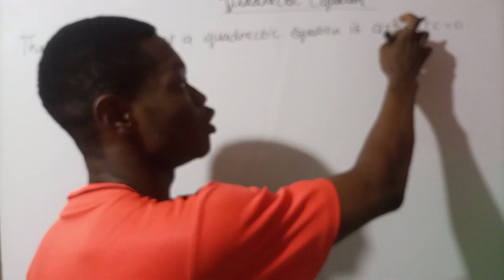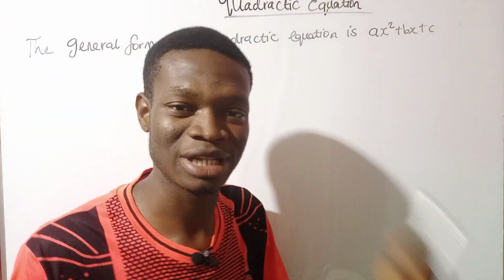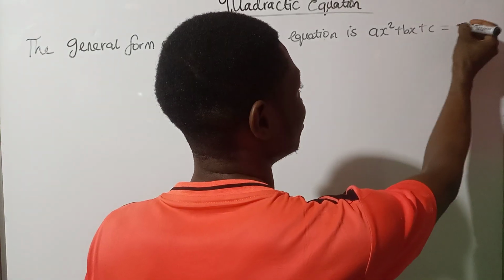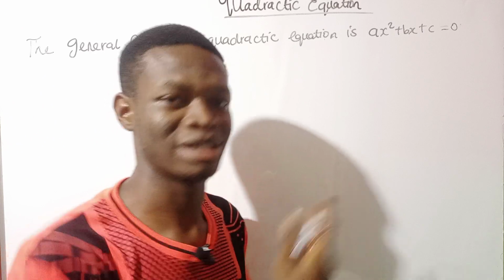The degree must be 2. Now, if I remove this equal to 0, it is called a quadratic expression. If I put my 0, it is called a quadratic equation. I hope you are understanding it.